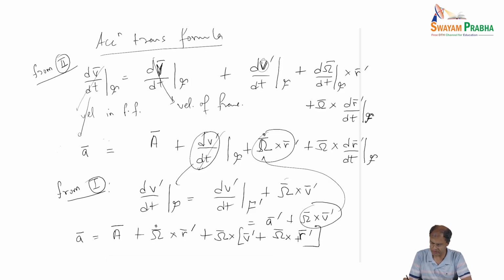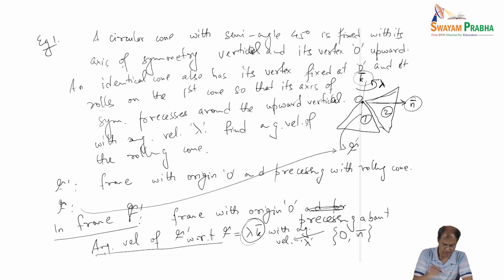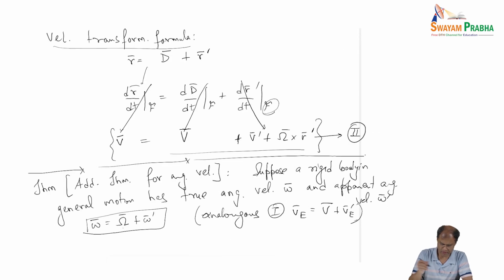Where is this quantity coming from? This is coming from formula number 2.